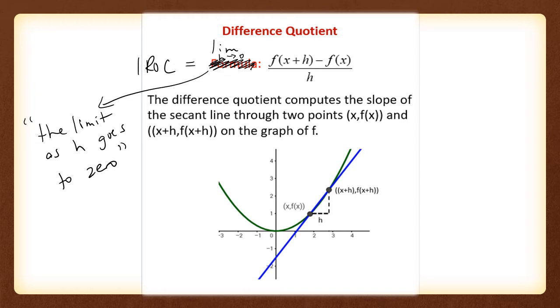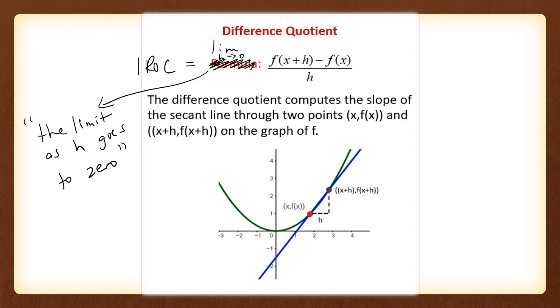So what the difference quotient does, it does basically the same thing. It computes the slope of the secant line through 2 points. So here's our value. I'll change my color here in my graph. So here's our value x and f of x and y. And what's going to happen is we're going to do x plus h.